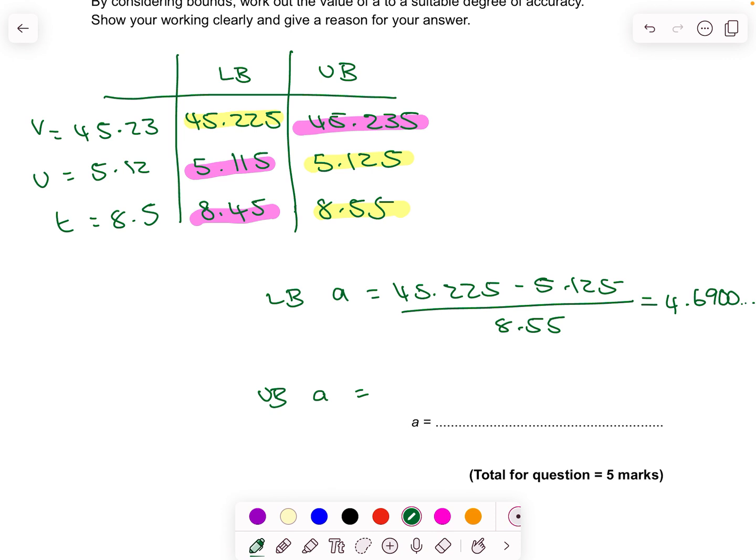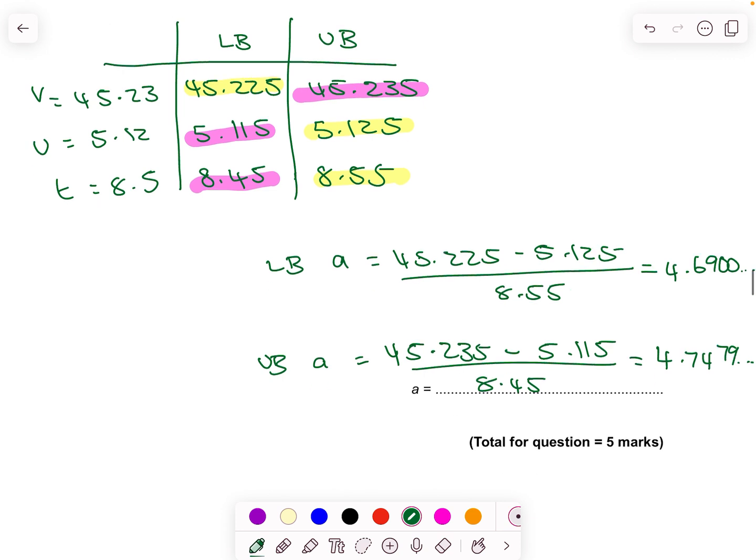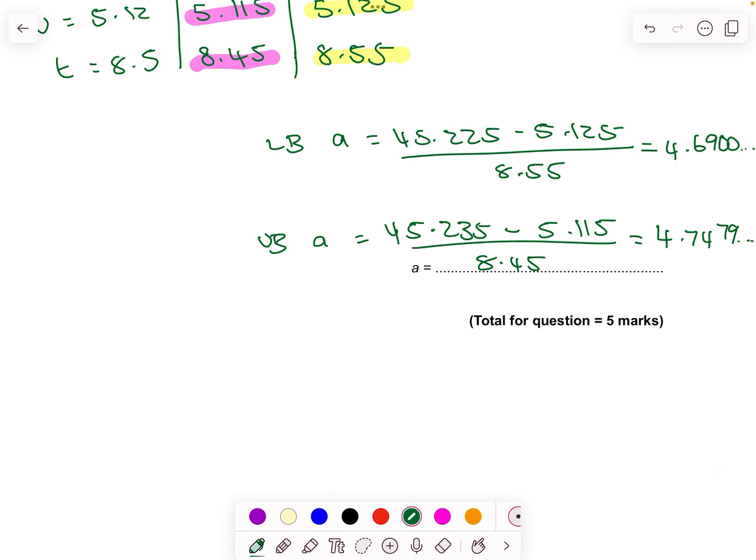So that is 45.235, take away 5.115, divided by 8.45. And for that you got 1 mark for doing each of those. So far I've got 4 marks without even putting the correct answer yet. So that is 4.7479... Okay, so at the moment I've got 4 out of the 5 marks.